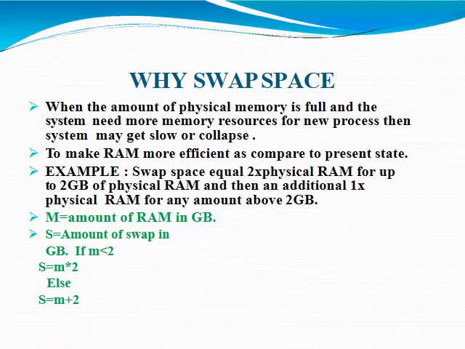That means M is equal to the amount of RAM in GB, and S stands for the amount of swap in GB. So if M is less than 2, that means the amount of RAM in GB is less than 2 GB, then S is equal to M times 2, that is 2 times the amount of RAM in GB.